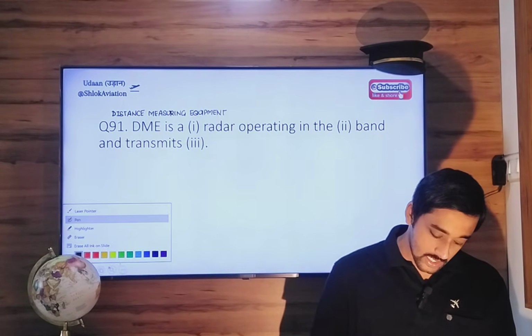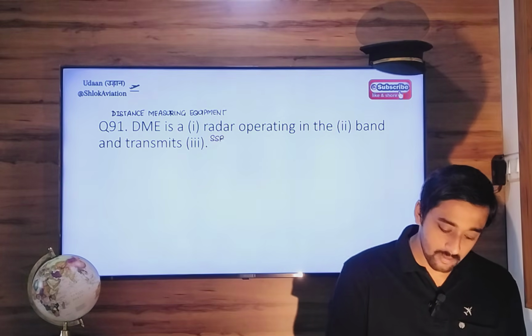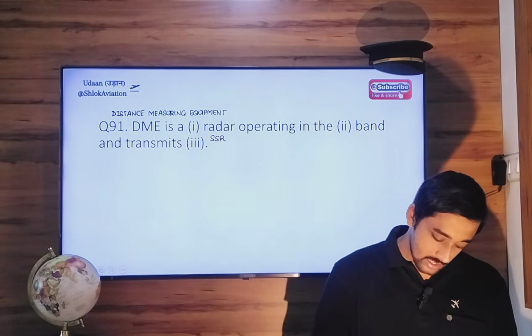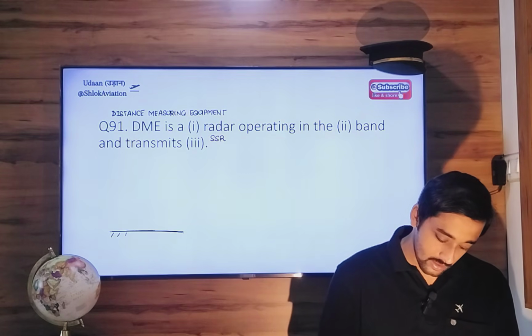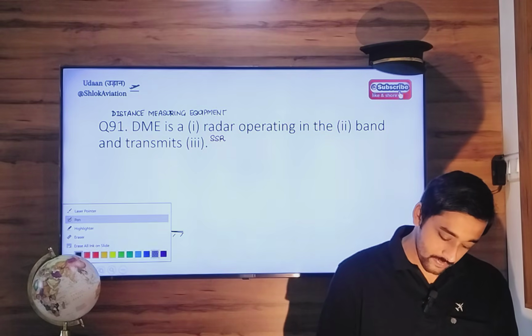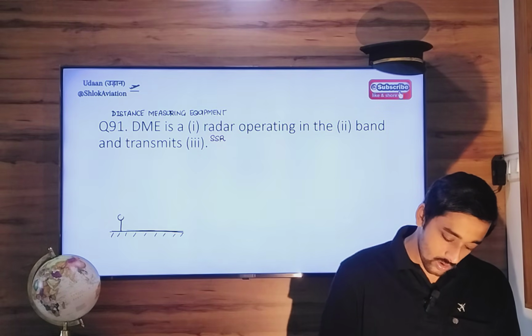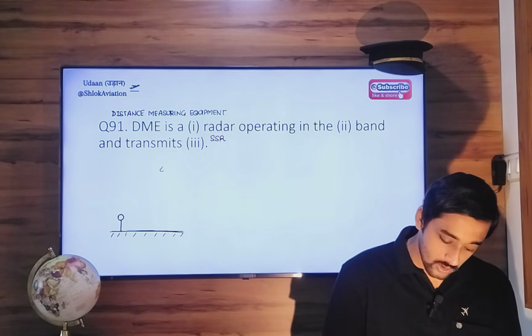So, DME is a secondary surveillance radar base, meaning, let's say this is your ground surface. There will be a ground station called transponder. Your aircraft is in the atmosphere.